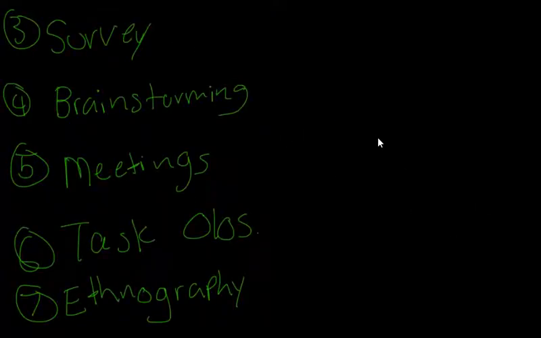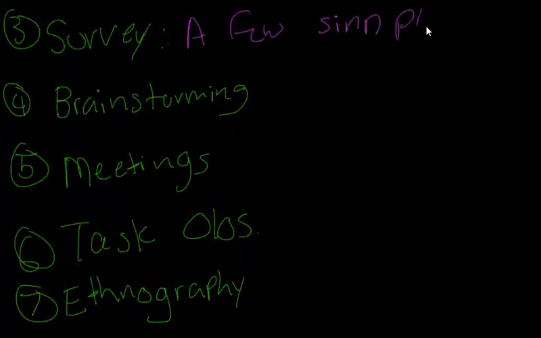Next, we'll talk about surveys, and I'm pretty sure we can all figure out what a survey is. It's just a few simple questions asked. The good thing with surveys is that they're easy, simple, and not very time consuming to put together and collect the data.